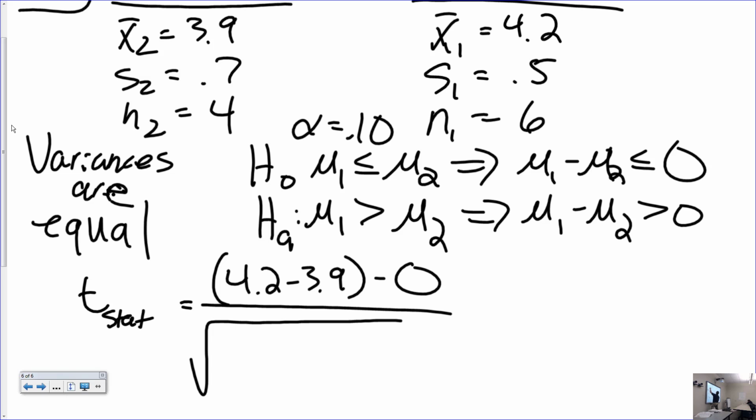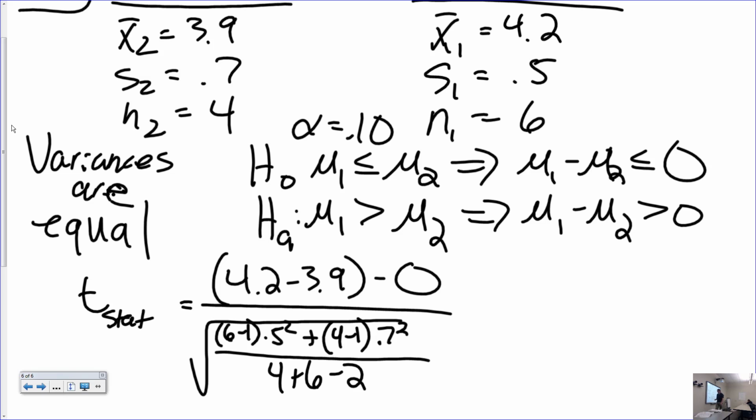So that's 1 squared times that, right? 6 minus 1 times 0.5 squared plus 4 minus 1 times 0.7 squared, all over 4 plus 6 minus 2. And then don't forget the square root of 1/4 plus 1/6. That's just ugly looking at it.